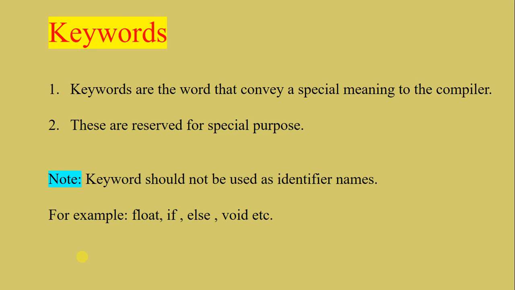Those words which make the compiler perform special functions are called keywords. Note that keywords should not be used as identifier names. Don't worry about this concept; when we are writing the program, I'll explain what this means. For example, float, if, else, void, etc.